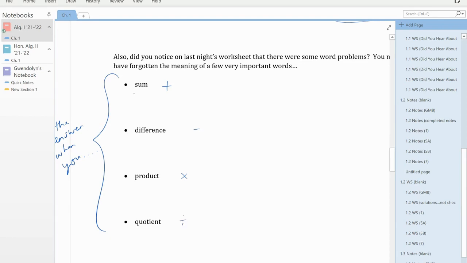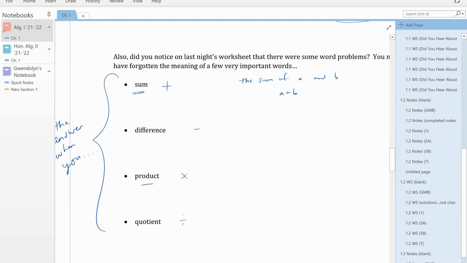Okay, now, sums and products, when you multiply and add, nobody cares what order you do it in. So if I've got something that says the sum of A and B, technically it does not matter whether you put A plus B or B plus A. I say just whatever's said first, write it down first.